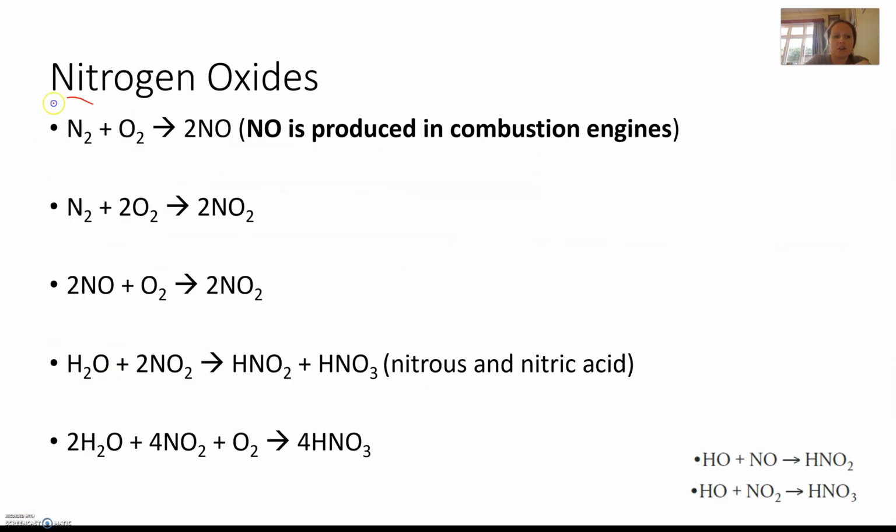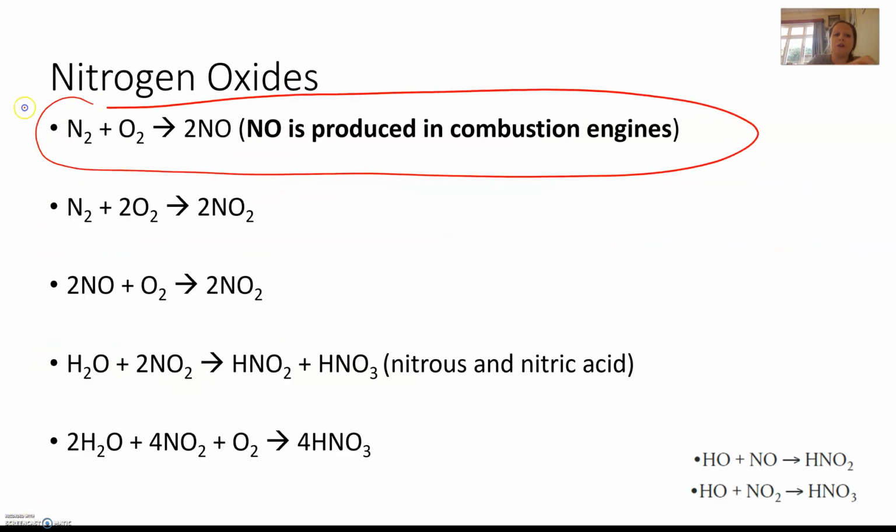So nitrogen oxides, so you've seen this before. Nitrogen and oxygen react together to produce two NOs. NO is nitrogen oxide, and this is a toxic gas, a bad gas that we don't actually want. And you can see the NO that is produced can further react with oxygen in the atmosphere to produce NO2.